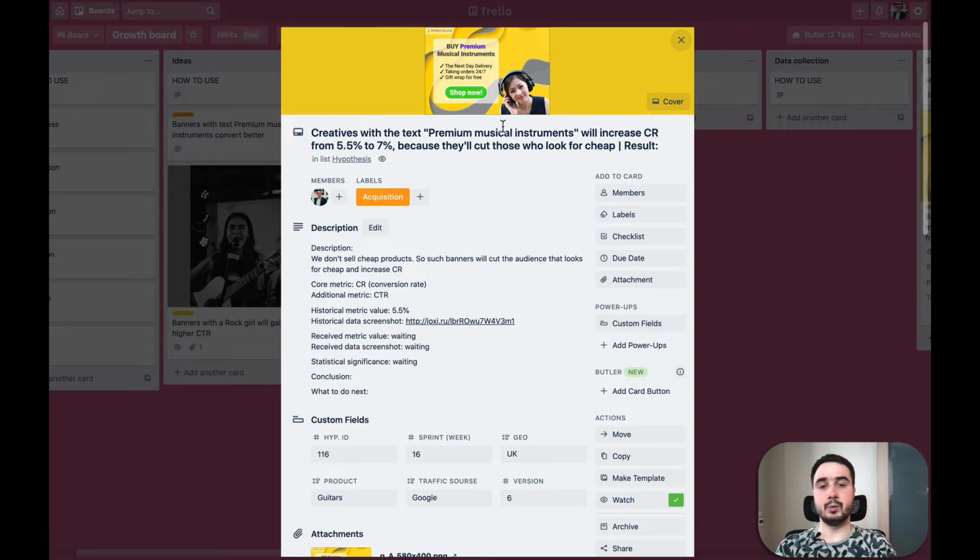So let's pretend that we have a shop of only premium, expensive musical instruments, and we think that if we write "premium" on our banners, people who want to buy cheap musical instruments will not click and will not come to our website, and we will have a better conversion.